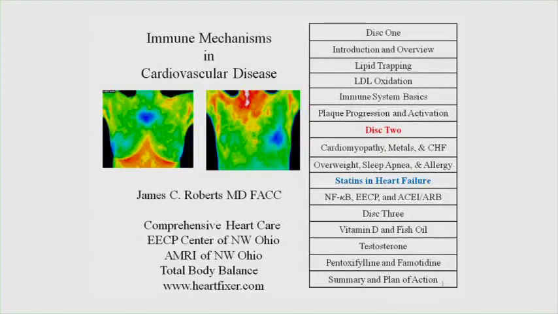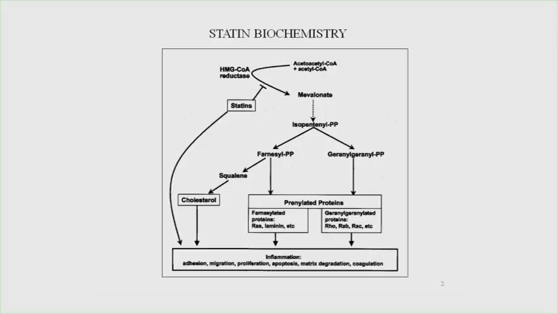This section deals with the utility of statins, HMG-CoA reductase inhibitors, not in the treatment of atherosclerosis, but rather in the treatment of congestive heart failure. Now, statin drugs were developed to blunt the synthesis, the generation of cholesterol in the liver.